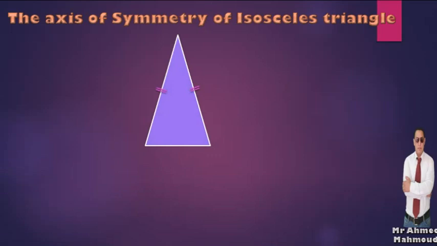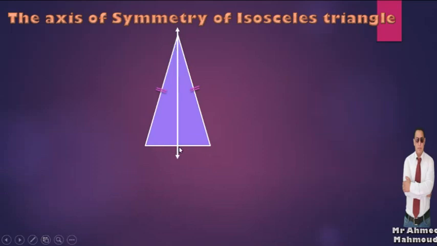Now I'm talking about the isosceles triangle and its axis of symmetry. If we have an isosceles triangle like this and we draw a straight line at the middle, this line comes from the vertex angle up here and passes through the base.